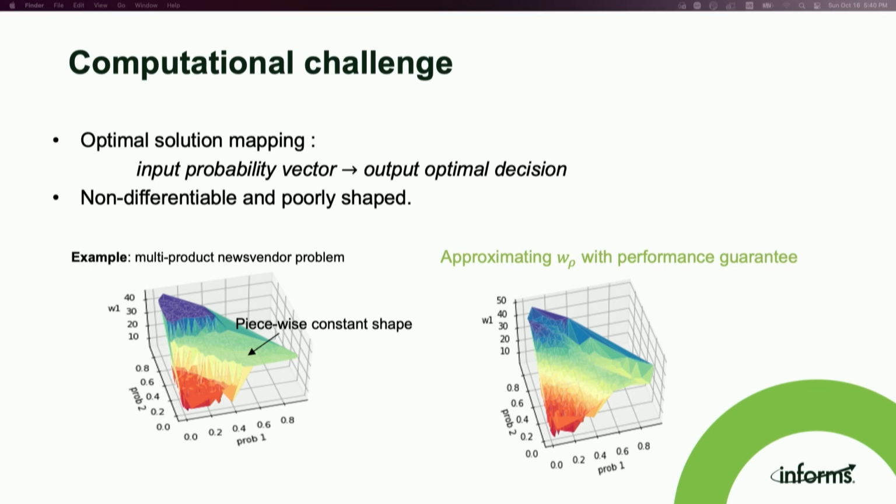The way we achieve that is that we want to approximate this optimal solution mapping, and we have access to an oracle: we give an input probability vector to the oracle, and the oracle gives us the associated optimal solution. We want to approximate the mapping between this input probability and the output decision.